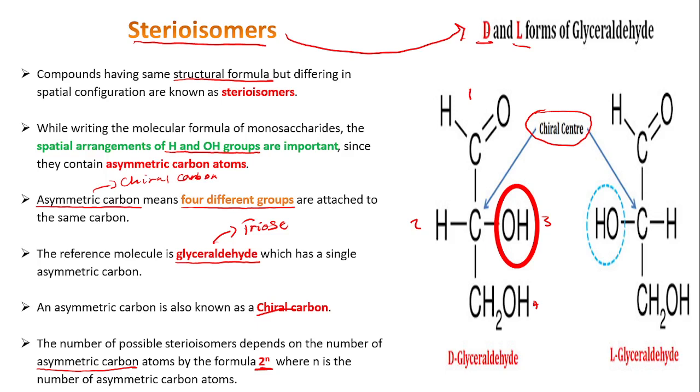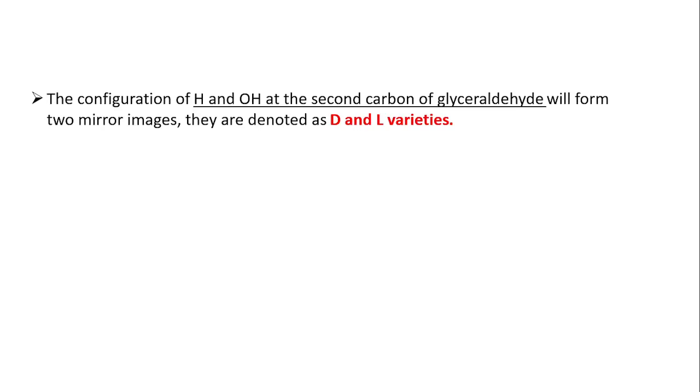When you talk of L-glyceraldehyde, the OH group is on your left hand side. Now let's quickly move on and look at that. The configuration of the H and OH at the second carbon of the glyceraldehyde will form two mirror images.